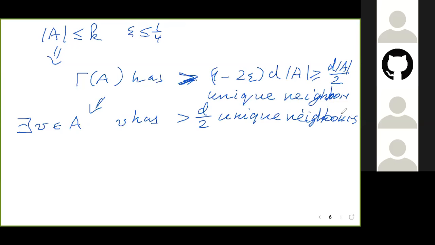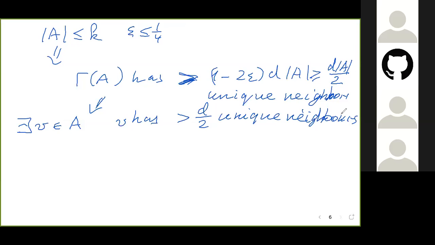And why is this? So we know that the total number of unique neighbors is larger than D times A over 2. This number is at most the sum over all nodes in A of the number of unique neighbors of that node.